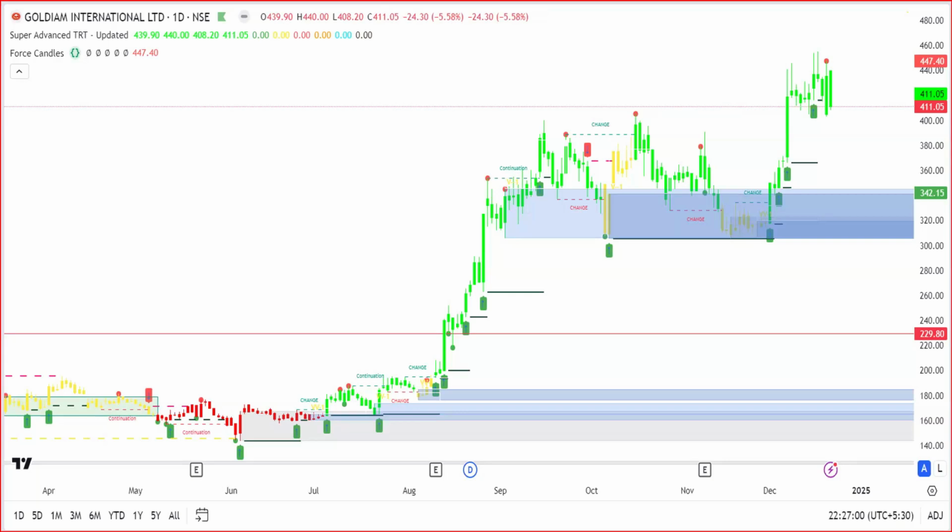Where is the double bottom formation? In the buying area, there are two bottoms formed. The buying zone. This is the lowermost buying zone. I am describing the upper buying zone. The latest one, so there are two.